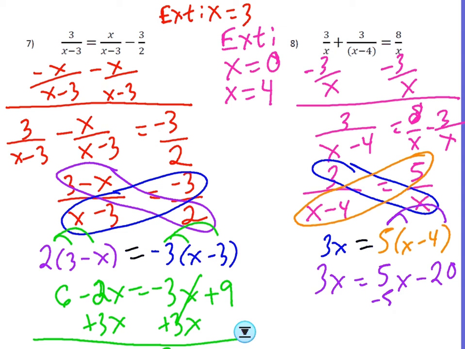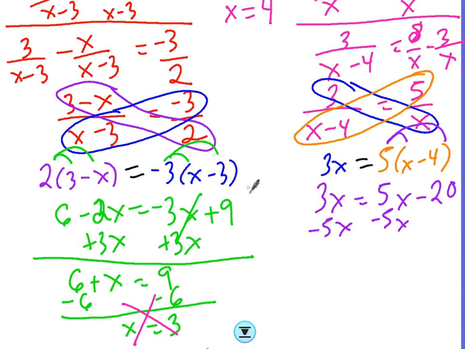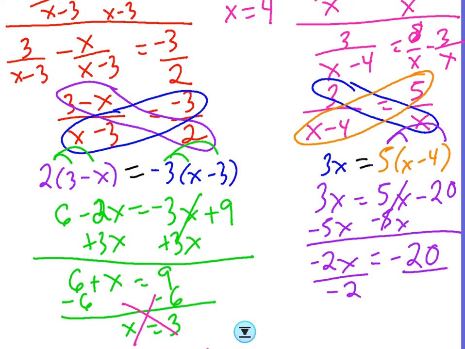I'll subtract 5x from each side. 3x minus 5x is negative 2x. These cancel. And that equals negative 20. And then we'll divide both sides by negative 2. Negative 20 divided by negative 2 is positive 10. So x equals positive 10.